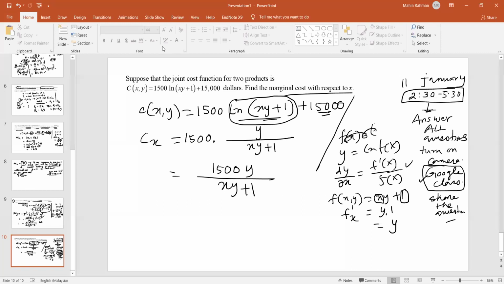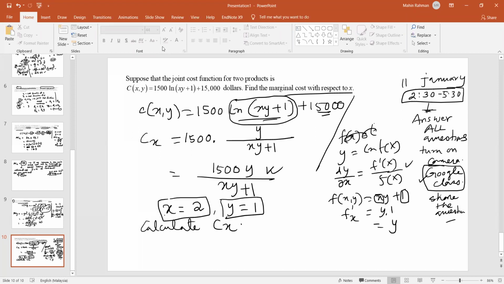Okay, now suppose I tell you that x is equal to 2 and y is equal to 1, calculate Cx. So you substitute x equal to 2 and y equal to 1 into this marginal cost.